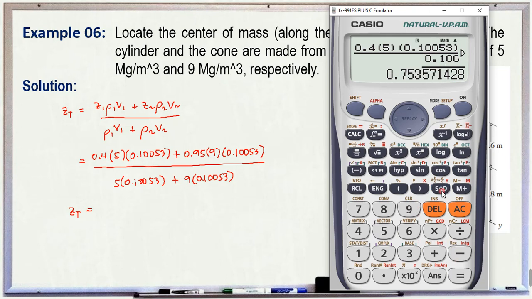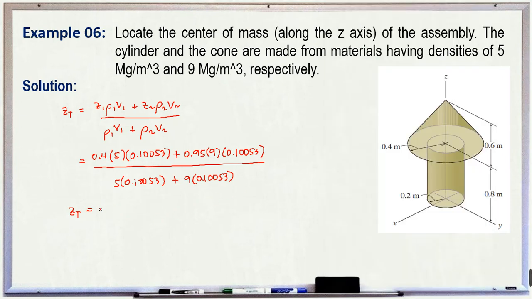Okay, so the answer is 0.7535 or 0.754 meters. So that is how to solve the center of mass for composite objects just like this one with given densities. So that is the center of mass times the weight of the object.